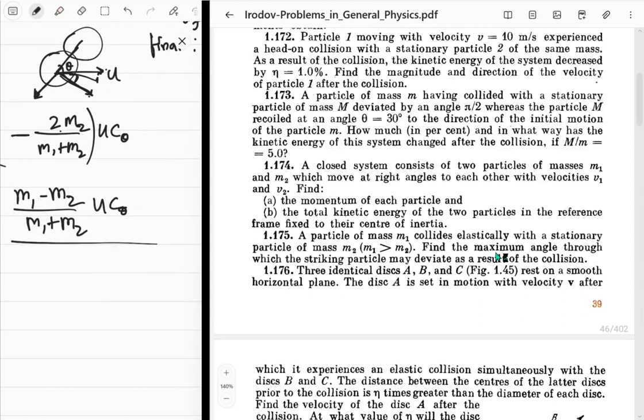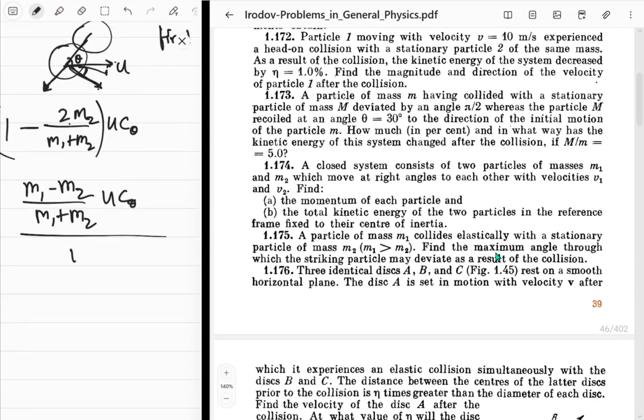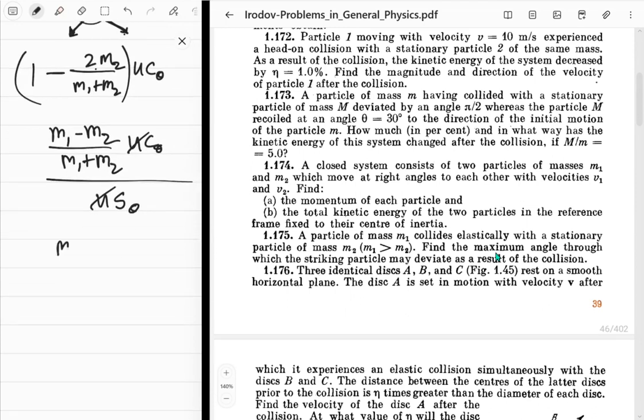So now this thing upon the tangential velocity, that will be u sine theta. This will cancel away. So there we go, m1 minus m2 upon, wait, what?